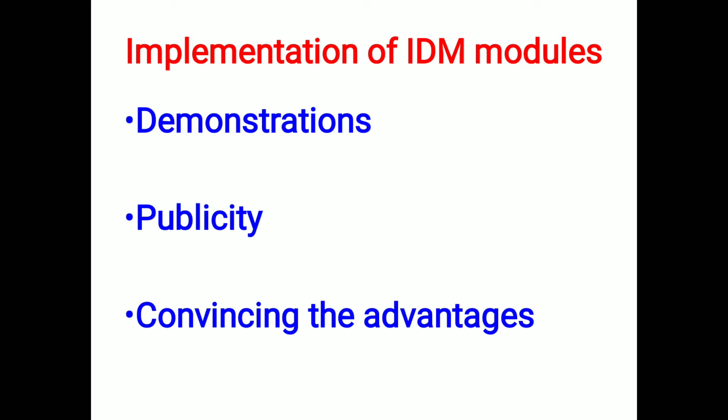Next, we discuss the implementation of IPM modules, that is how we implement the IPM module. For that we need the demonstration. As we know, there are two types of demonstration, method demonstration or result demonstration. For example, if you want to give seed treatment to particular seeds, first of all you should show the farmers how we do the seed treatment with suitable fungicides, and then you show the actual practice.